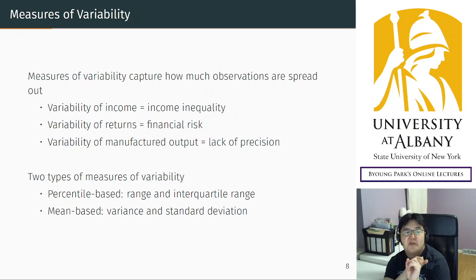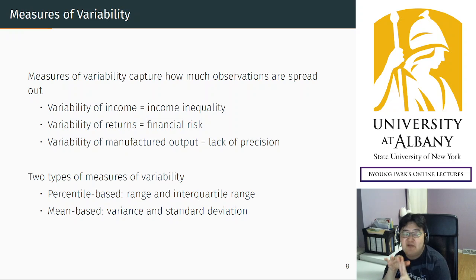One is percentile-based measures, which are range and interquartile range. They are based on the idea of median and percentiles. And the other type of measure of variability is mean based. It's related to the mean.